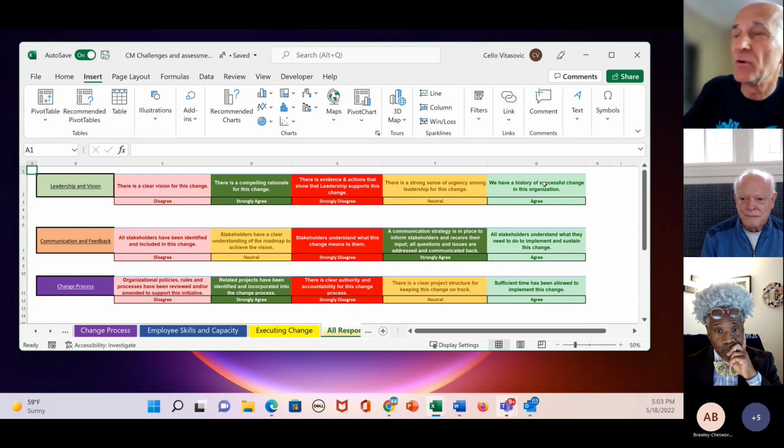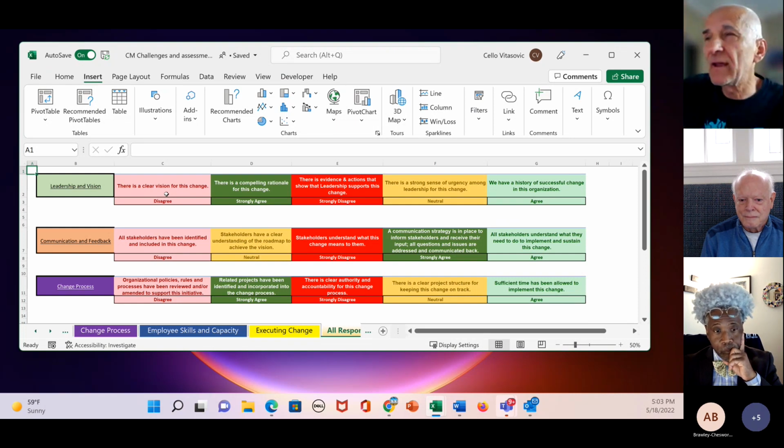You could put this statement up and ask people how they feel, let's say at the beginning of the meeting. Mentimeter is anonymous. If they're on their phone, you put this statement up, there is a clear vision, and you can show the Mentimeter on the screen, and they can say disagree strongly, and all that. And you could see the breakdown live.